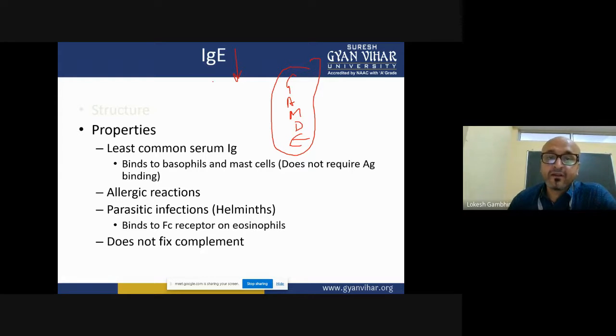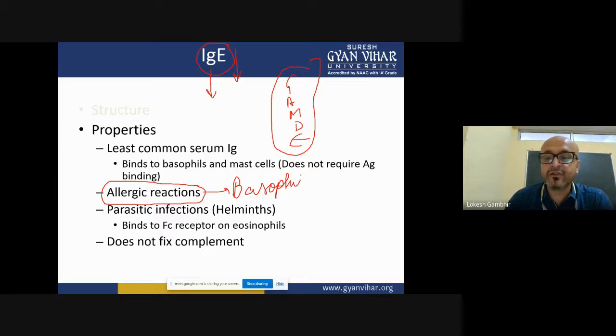Then what is the other property? See, this is a very peculiar property. They do not require any kind of antigen binding. They are secreted in response to allergic reactions always. If we are talking about any allergic reaction, then we will be talking about the basophils, the granulocyte, that we had established an understanding of.